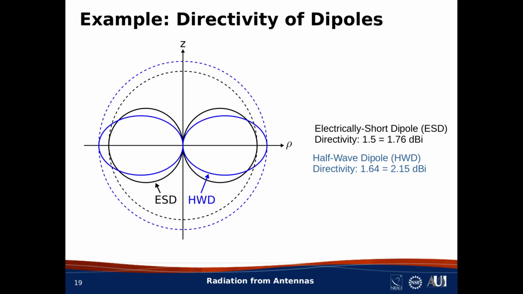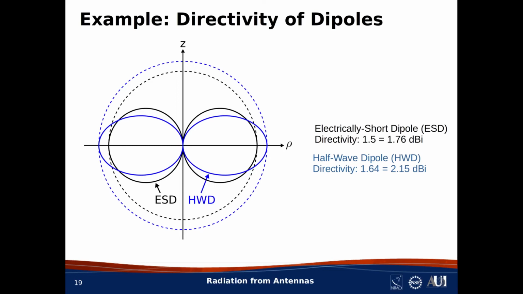The blue curve shows the result for a half-wave dipole, abbreviated HWD here. The half-wave dipole is identical in all respects to the ESD, except it's longer. Specifically, its length is equal to 1/2 of one wavelength. As a result, the half-wave dipole has greater directivity than the ESD.